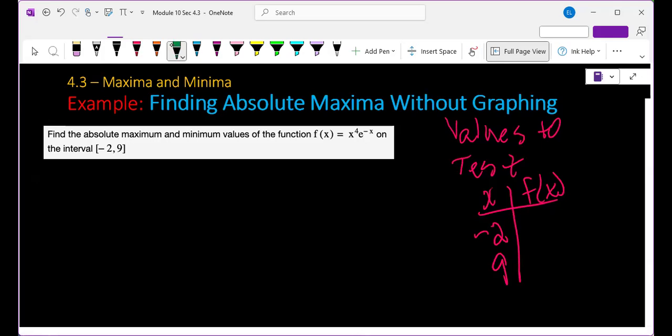Now we're going to do some calculus to see if we can get some more suspects for the list. All right, so x to the 4th times e to the -x. As it is right now, it's a product rule.